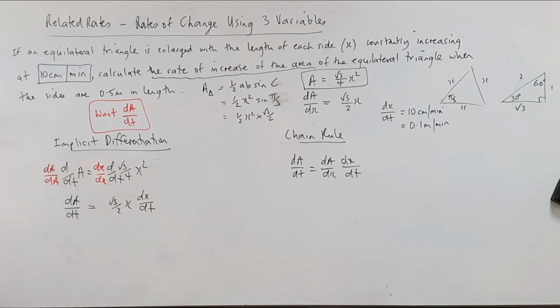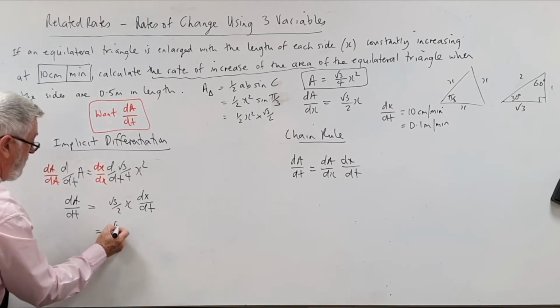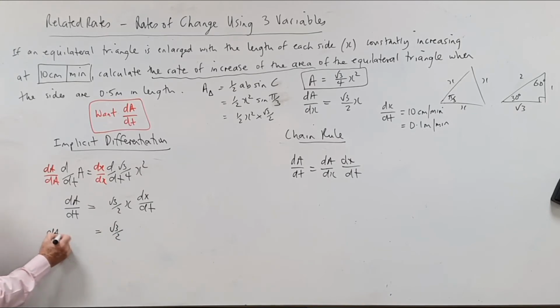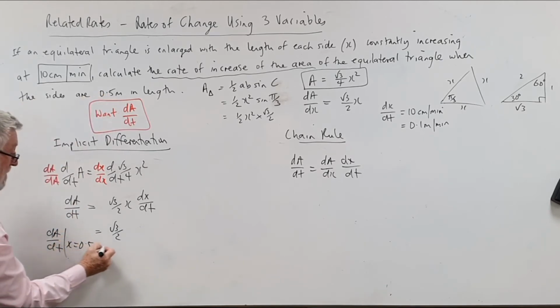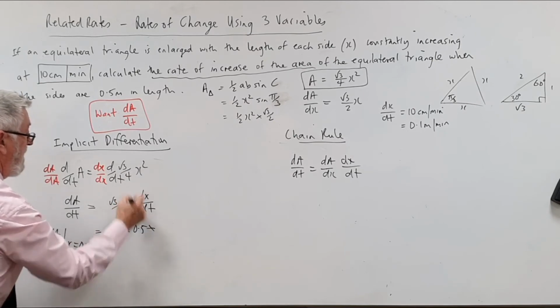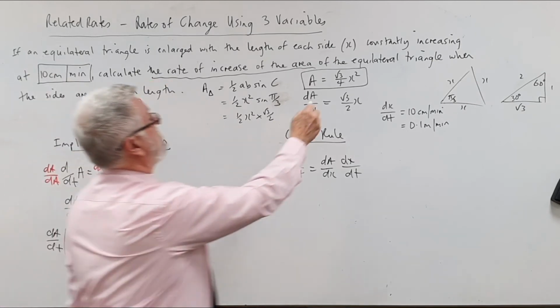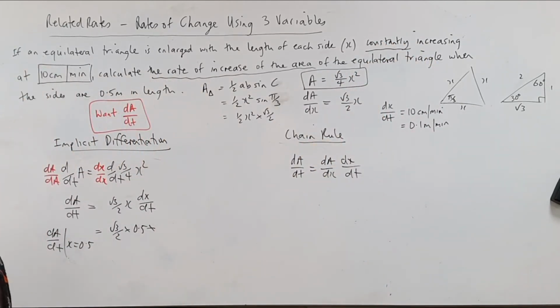Now we show him what we've got and write the answer down. We're wanting that, that's what we're looking for. I've got that. I could write this. We want dA dt when x is 0.5. And so I've got to write in the 0.5 and then I go dx dt. It said it was constantly increasing at that rate. Is that the one we want?